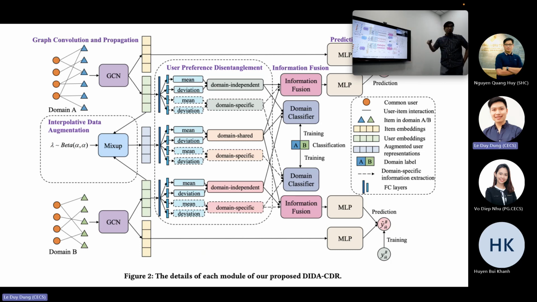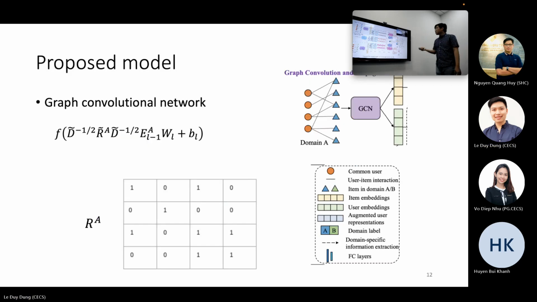So let's explore each part. Okay. The first one is the graph convolution neural network. They actually do not use graph attention. They only use graph convolution neural network.